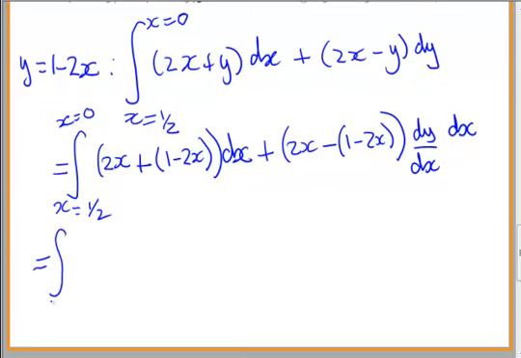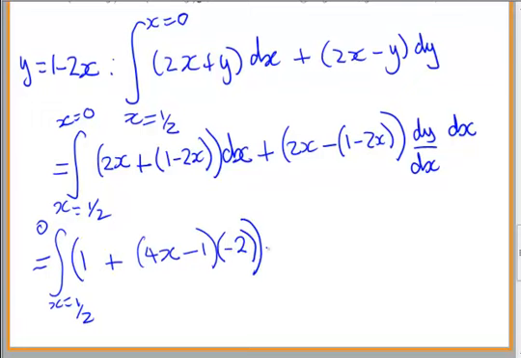We've got x equals a half to 0, and the first term, as the two x's will cancel, will just give us 1. And the second term, we've got 4x minus 1, and that's going to be multiplied by dy by dx, which in this case is just minus 2. And of course we're integrating all that with respect to x.